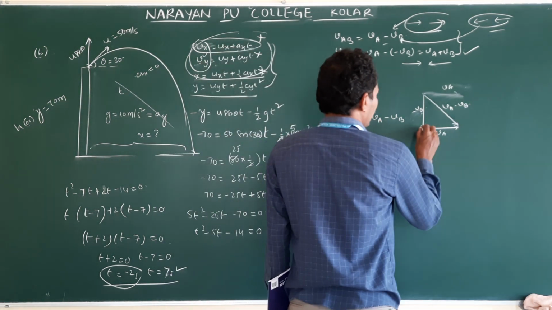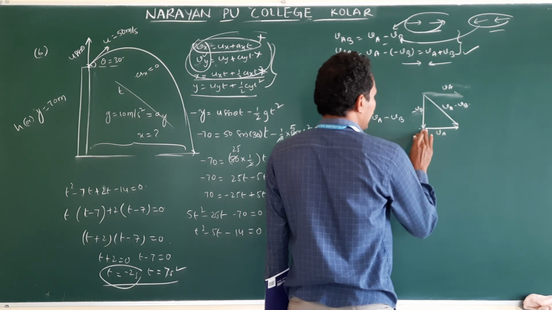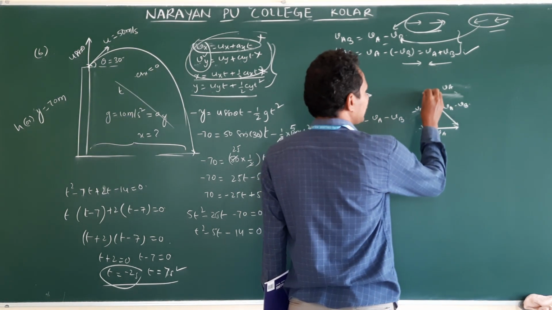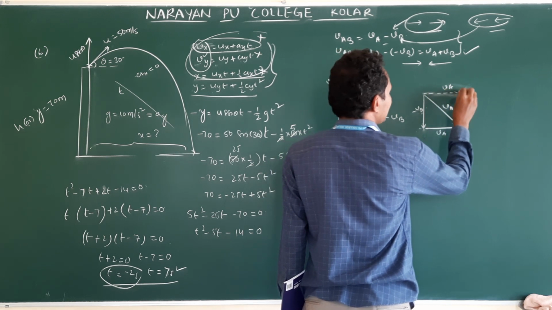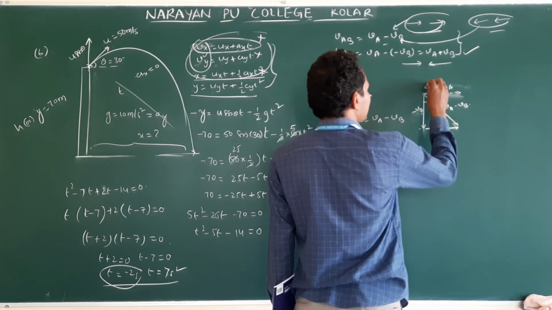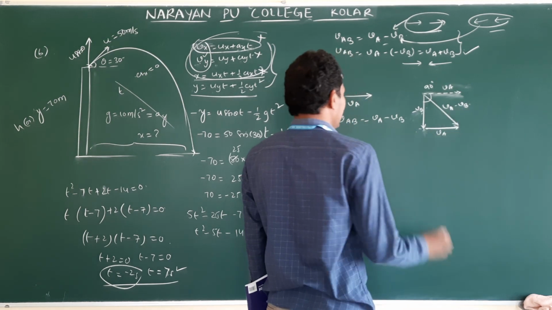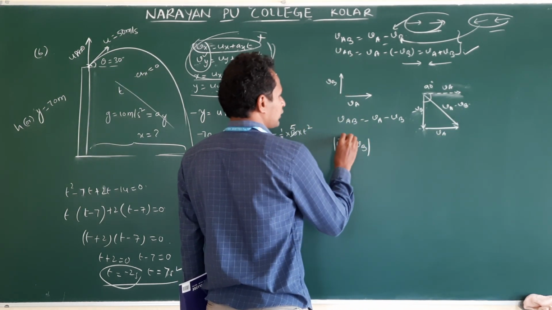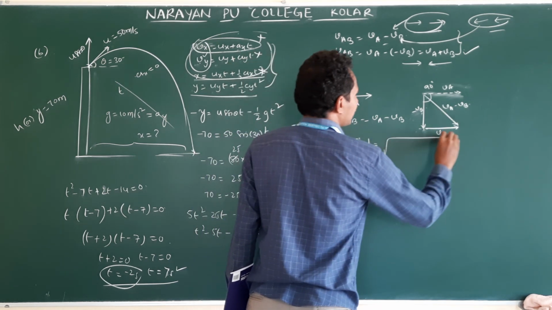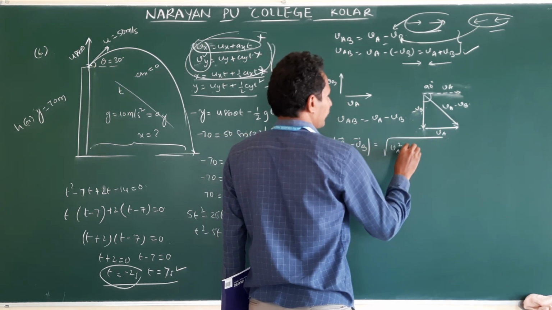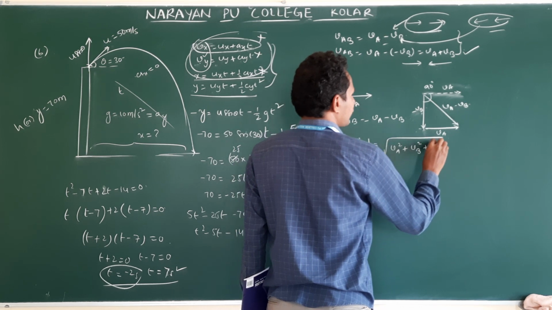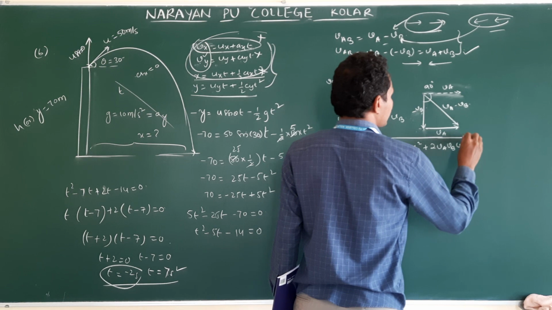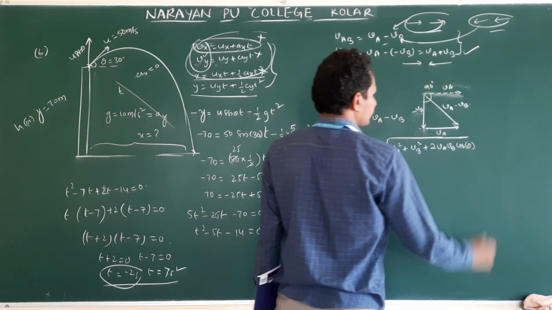Clear? Then how do you find this magnitude? I already mentioned how we take the angle between two vectors. What is the angle between them? It is 90. Then the magnitude of VA minus VB is: VA square plus VB square plus 2 VA VB cos theta.